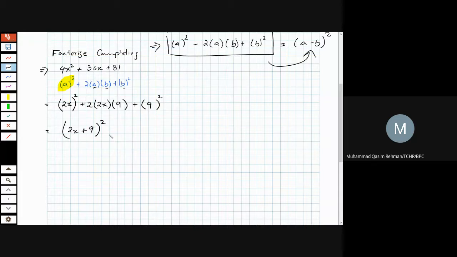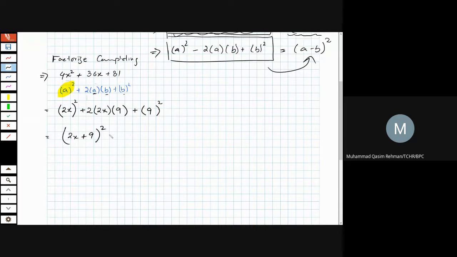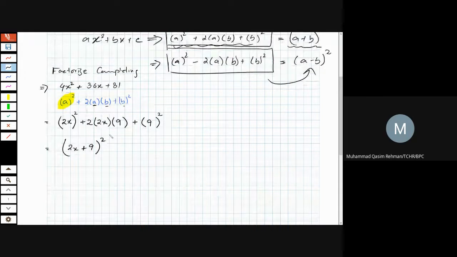But if the examiner bounds you to factorize this by using a completing square method, then definitely that particular question can be factorized by using a completing square method. Then you're good to go, and you are actually bound to use the completing square method. Then you don't have an option for the middle term breaking method. Got it? So this is how a completing square method works.